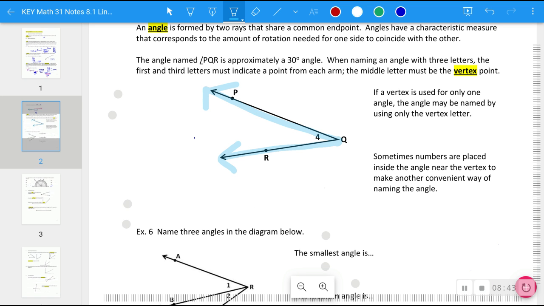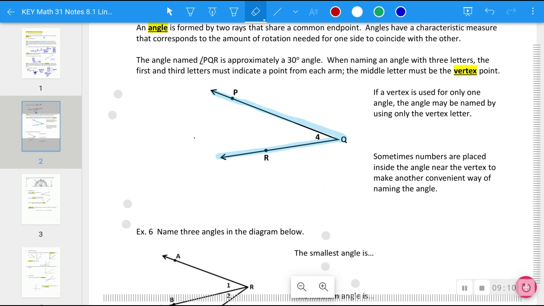So they share that point Q, and if you take those two rays together, you end up with the following angle, like that.